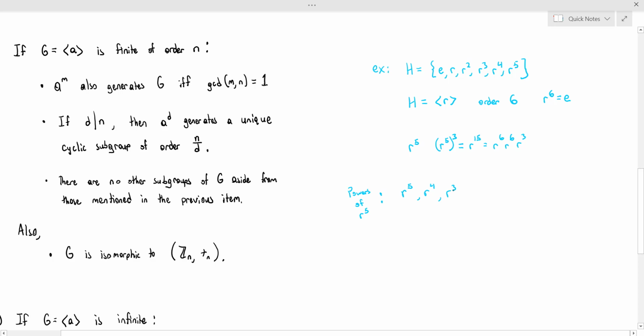Now I'm going to compute r to the 5th raised to a power of 4. That would be r to a power of 20, and 20 is 6 plus 6 plus 6 plus 2. Each of these is an identity, so when we multiply all this out, we'll just be left with r squared.